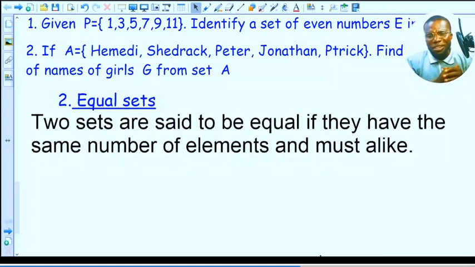For instance, let's say there is a class A with the students Jane, Juma, Joyce, and James.